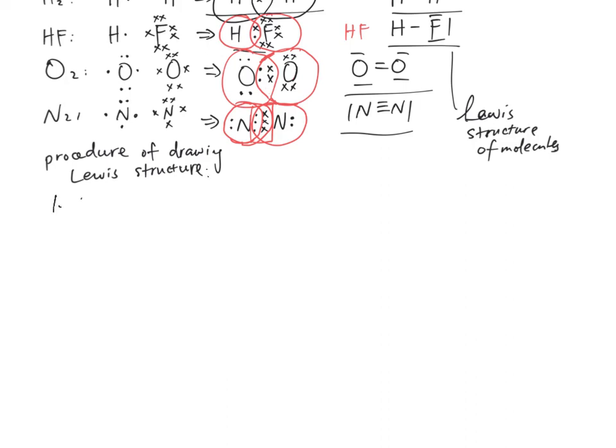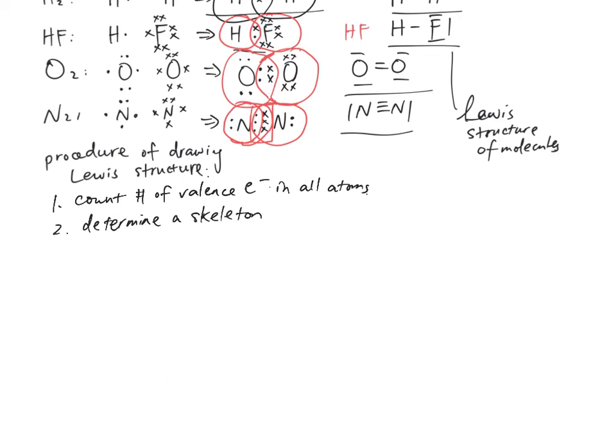Step number 1 is to count the number of valence electrons in all atoms. Number 2, determine a skeleton structure.